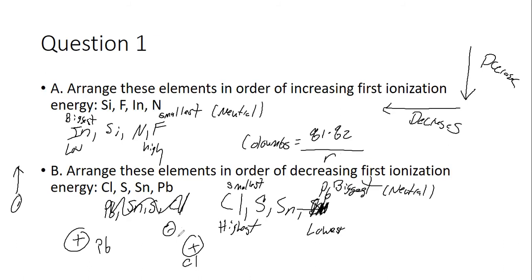Therefore, it is harder to remove those electrons. High ionization energy. While if I'm big, my electrons are far away from me. Since they are far away, they don't have that much interaction with the nucleus. So it's easy to remove those electrons, therefore low ionization energy.